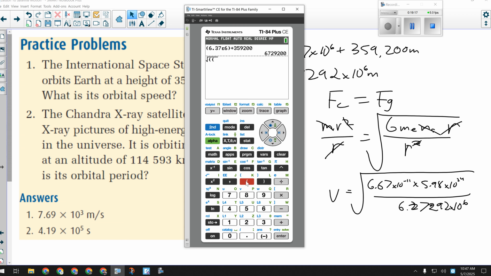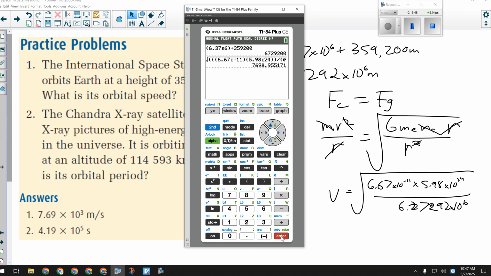Okay, so that'll be 6.67 E negative 11, 5.98 E 24 divided by 6.7292 E 6. All right, so the orbital speed of the International Space Station, okay, should be, yes, so it came out to this, slightly different for us.